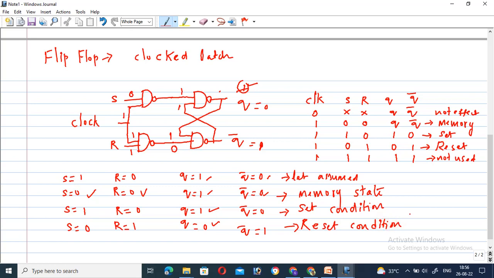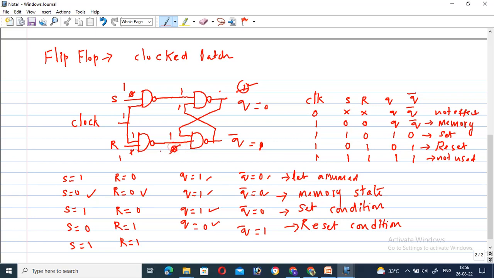So let us see another possibility, that is when S is equal to 1 and R is equal to 1. What are the possibilities? Okay, so let us see here. The new values are S is equal to 1, R is equal to 1. So a 1 1 combination means the output value is equal to 1.